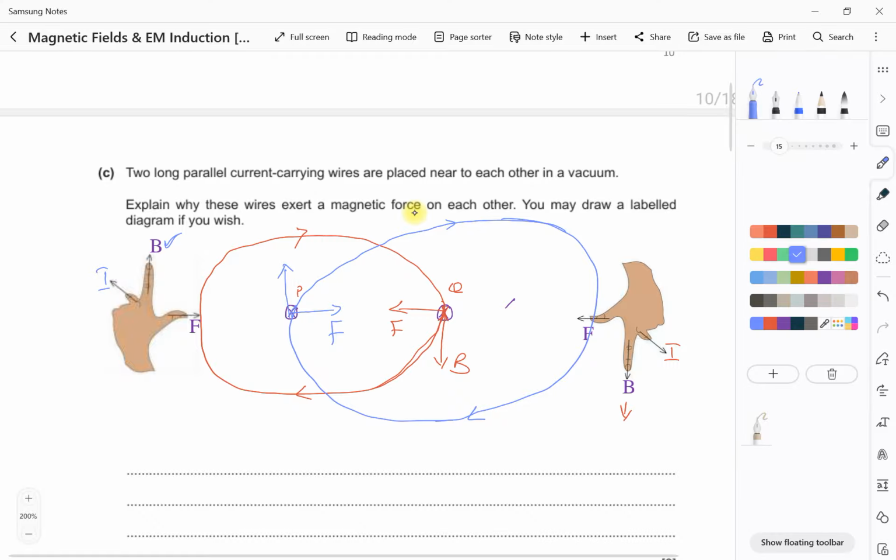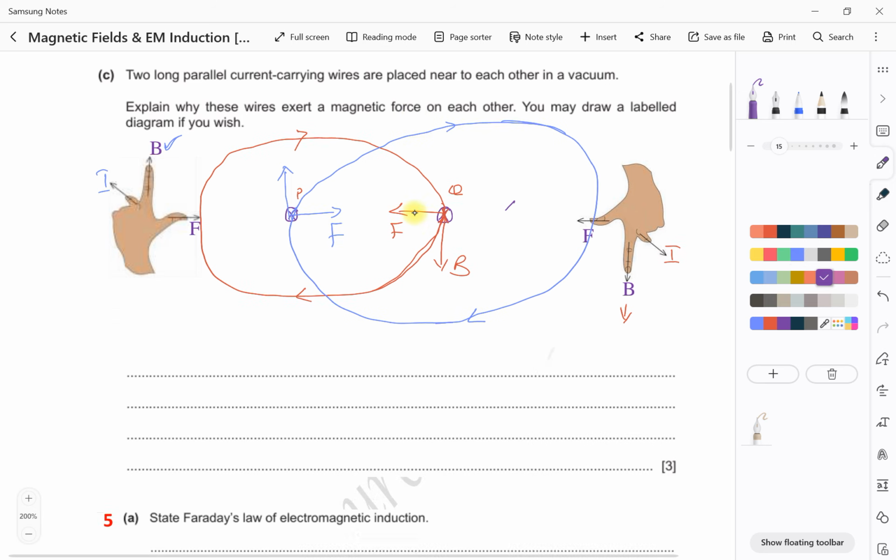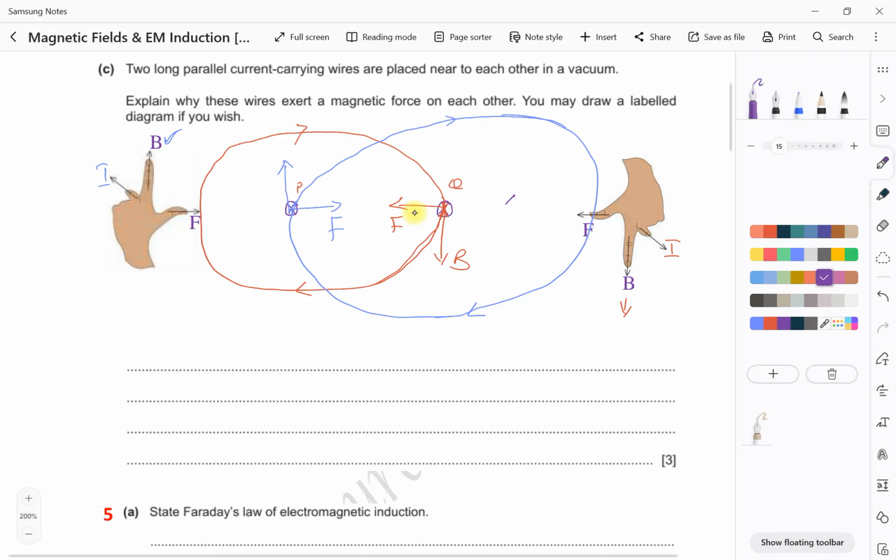So because each wire sits in the magnetic field created by the current in the other wire, by Fleming's left-hand rule, a force is created by the currents flowing in the magnetic fields of each of the wires.